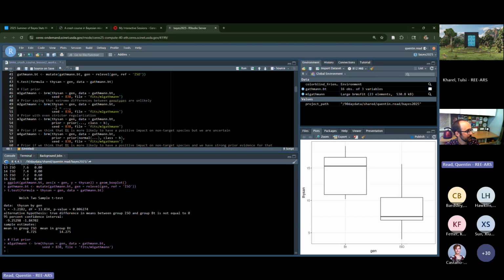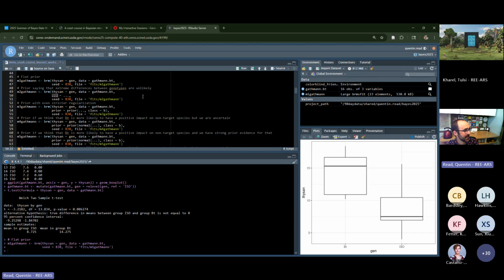And then we're going to use the first prior that says, okay, we don't know which one's higher or lower, and we kind of think that it'll be within this kind of 5 range. So we're going to use 5 as the standard deviation.